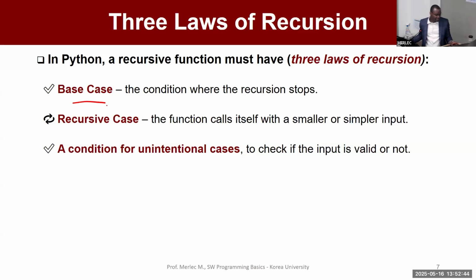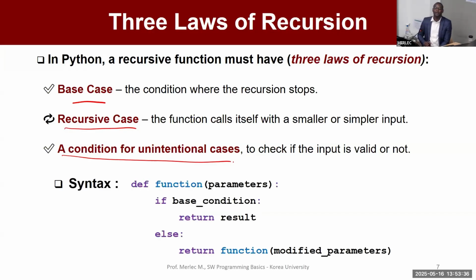And on the other side, we need a recursive case. So the recursive case is the case where the function calls itself with a smaller or simpler input. Then we have the last one, but not the least, which is the condition for unintentional cases. This is also important to check the input validation. So these are the main three laws that we need to satisfy in order to define our problem as a recursive solution and using the recursive functions.